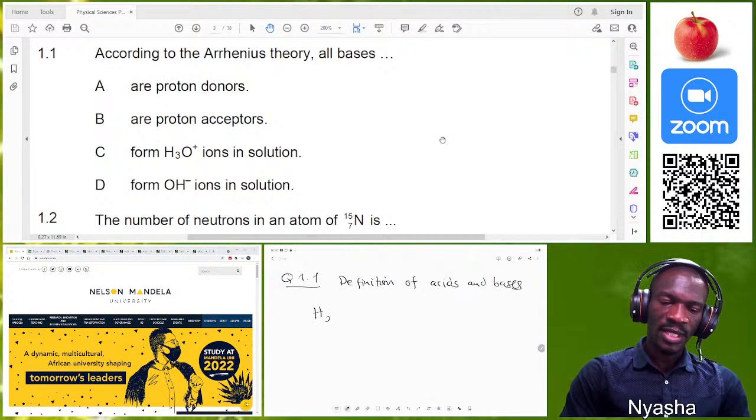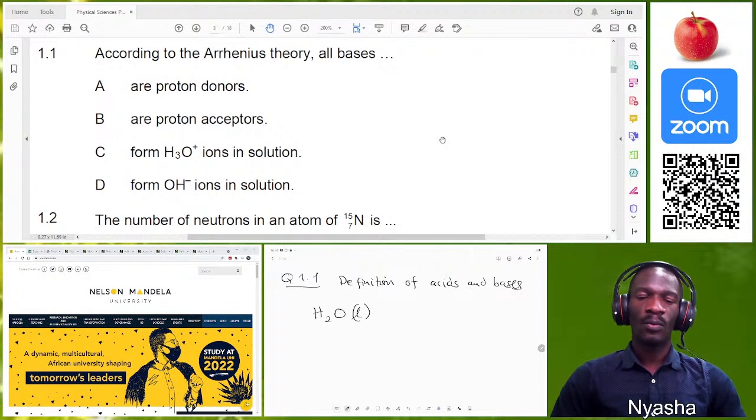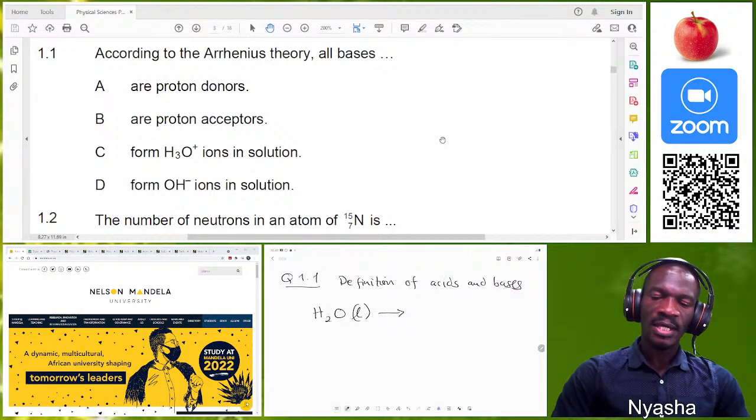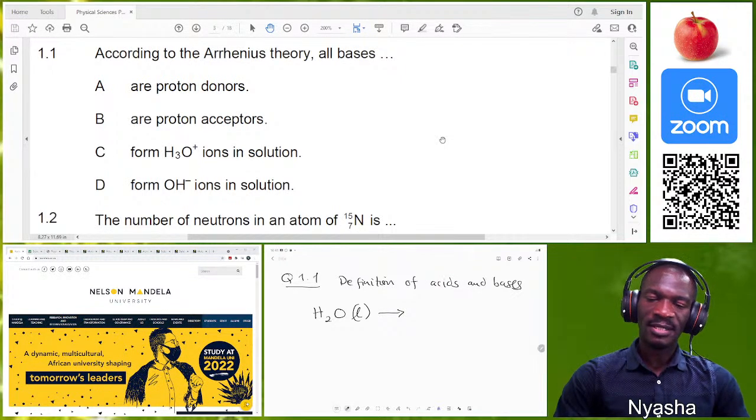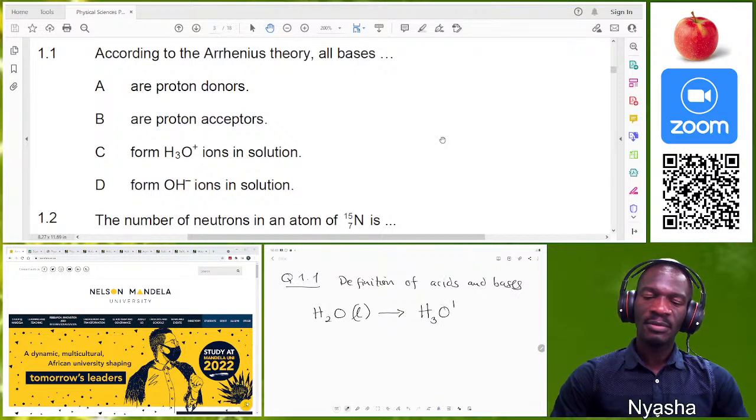When water dissociates, its chemical symbol H2O, it will dissociate into, it can also be written as an equilibrium equation, right? So let me just write it as a normal unidirectional equation for now. So you've got your hydronium and your hydroxide ions.